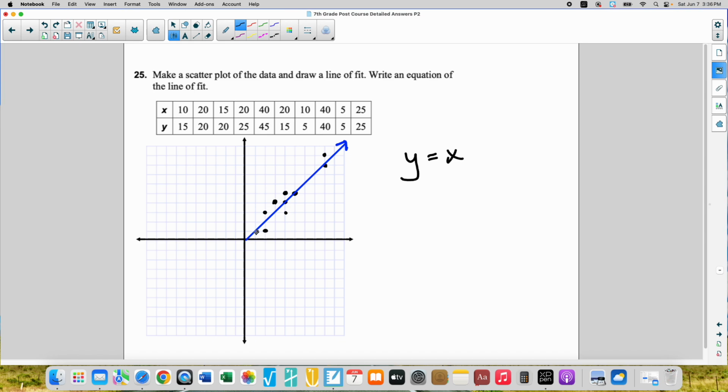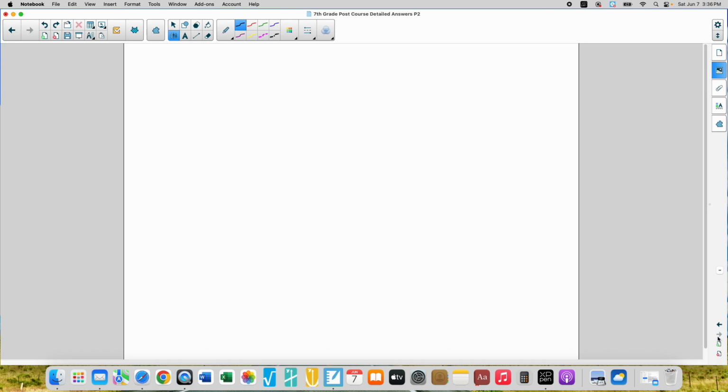So plug in 5, you get 5. There were multiple ones that hit those data points also: 40, 40, 25, 25, 5, 5, 20, 20. So 4 of those data points lie right on that line of fit. Okay, so that would be your equation for your line of fit.